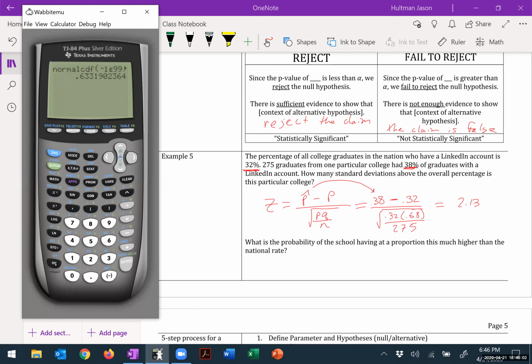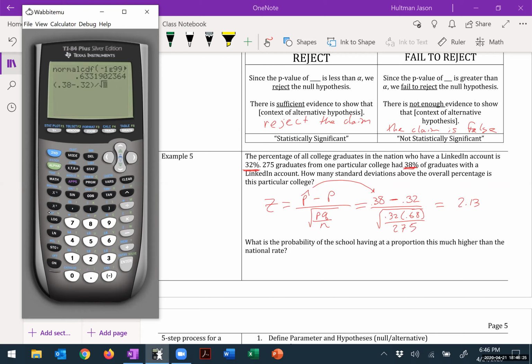Now this is a fraction over a fraction, so that's implied parentheses. 0.38 on top minus 0.32, close parenthesis, that's what goes on top. On the bottom, I'm going to get the square root function, which gives me parentheses, which is nice.